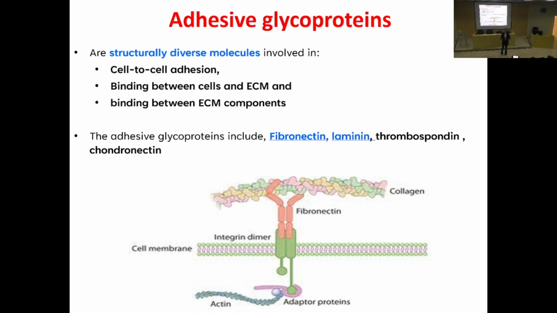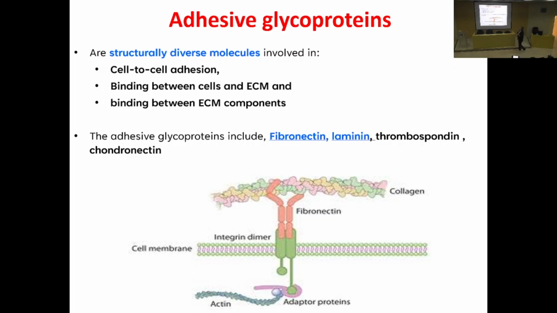The three components: proteoglycan, fibrous protein, and adhesive protein. These are the three. I didn't ask about the structures of proteoglycan. What are the components of the extracellular matrix? They are the proteoglycans, fibrous protein, and you have the adhesive glycoprotein.